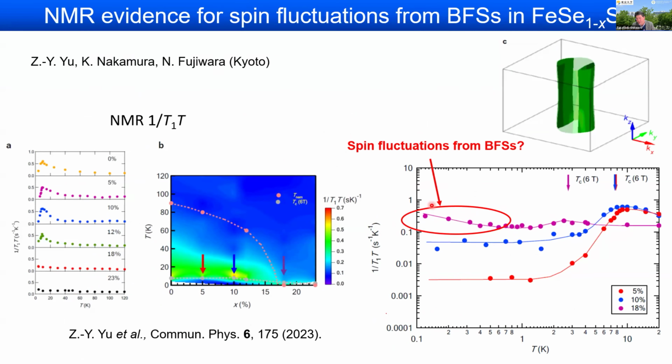In the superconducting state, usually 1 over T1T goes down as the temperature gets lower, but this enhancement may be related to the kind of spin fluctuations which you expect if you have this kind of Bogoliubov Fermi surface and you have a nesting behavior. So this is another interesting observation.